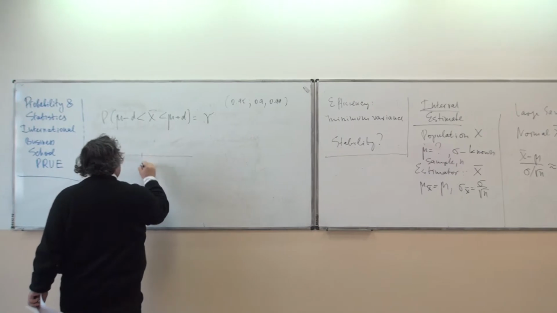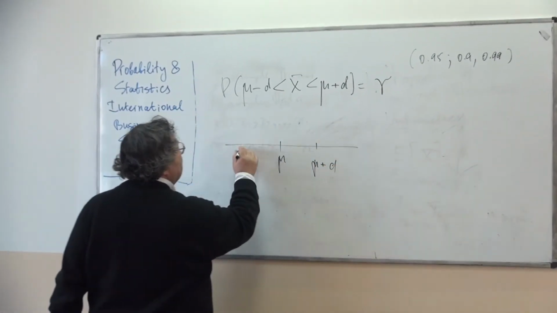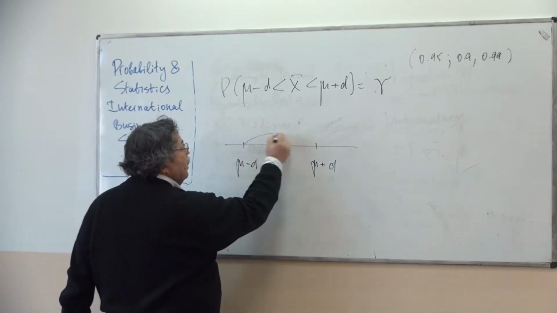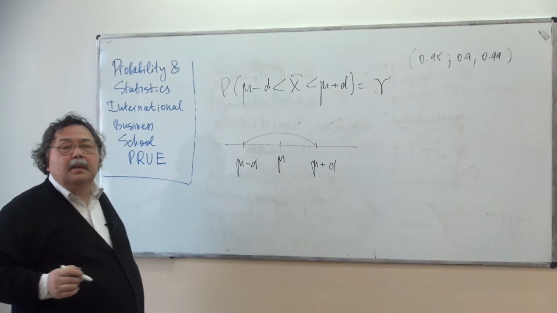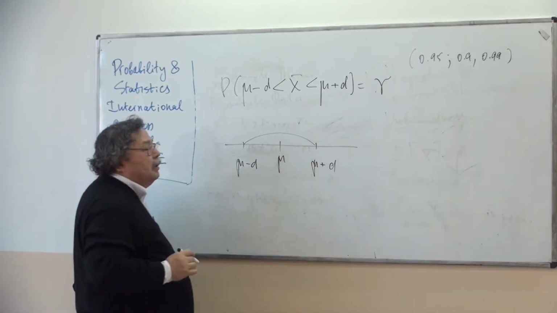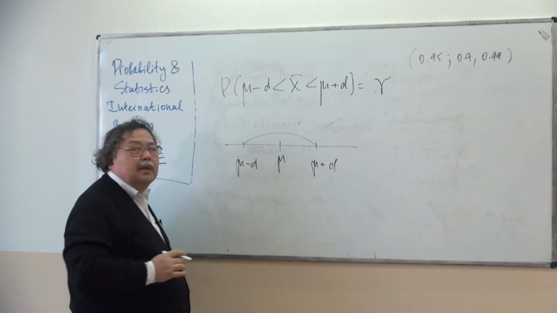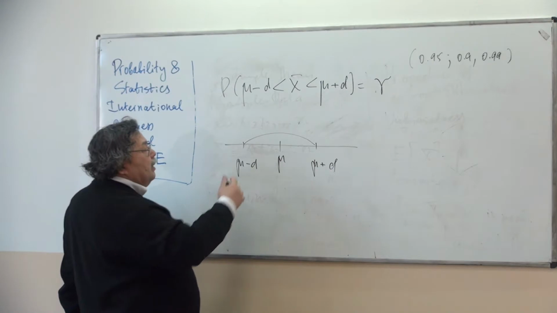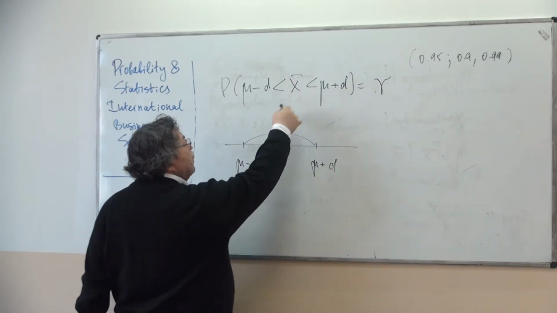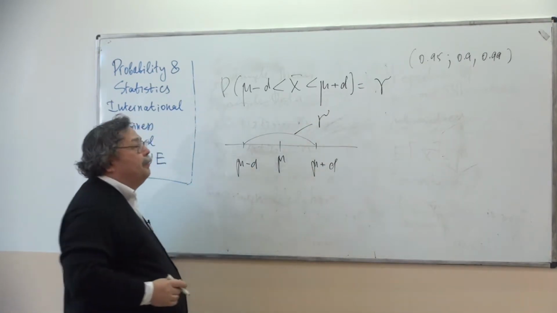If we draw this diagram, mu plus d, mu minus d. So this is an interval that's centered at mu, and d is the half width of this interval. We say that x bar falls within this interval with the probability of gamma.